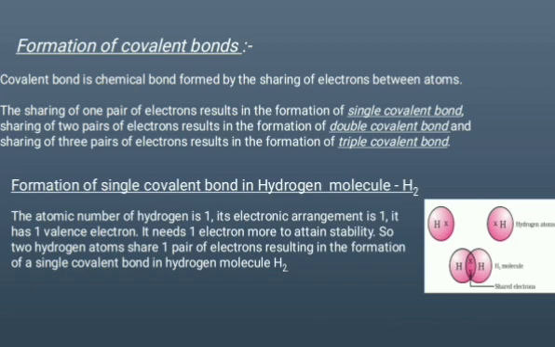So, two hydrogen atoms share one pair of electrons, resulting in the formation of a single covalent bond in the hydrogen molecule. Two hydrogen atoms with one electron each combine together to form a hydrogen molecule.